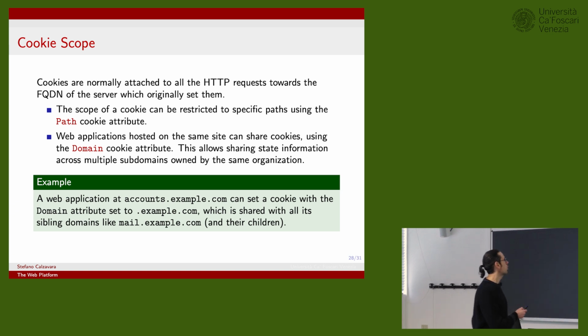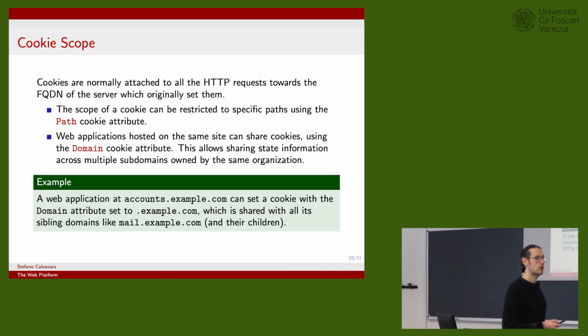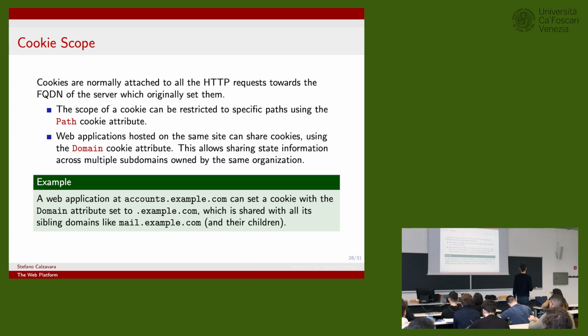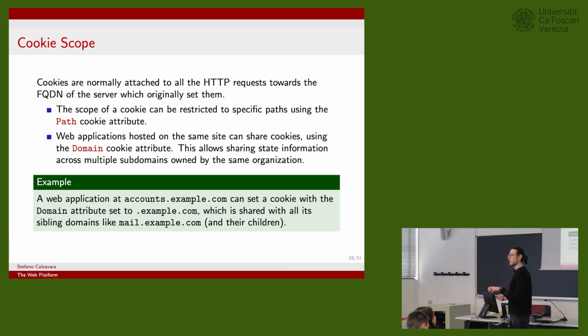As I said, cookies are attached automatically. So if you put a cookie into the browser, the cookie is sent to all the requests toward the same fully qualified domain of the server which set them. So if we have www.example.com, which sets a cookie, only requests to www.example.com will attach the cookie.